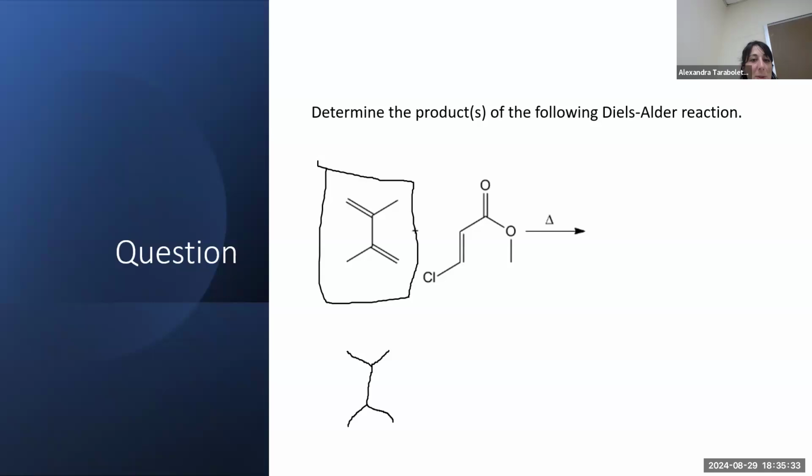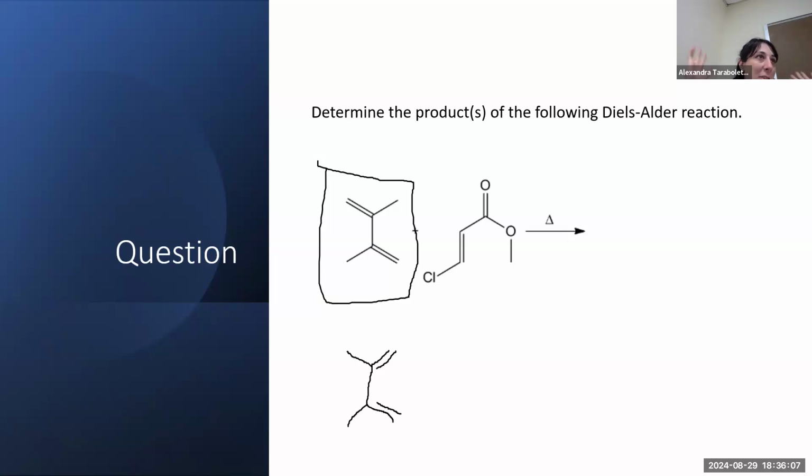This example is purposefully hard. Molecules are all rotating constantly, so at some point in time it exists like this, and at some point in time it exists like this. I'm just pointing out that it has to be in this existence to undergo this reaction. I'm also drawing it like this because it's going to help you visualize.